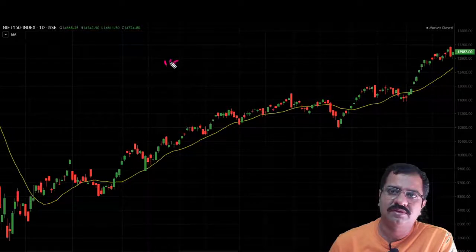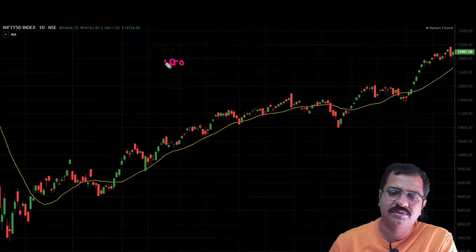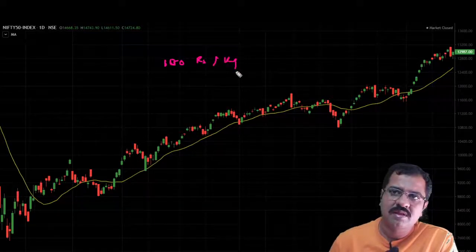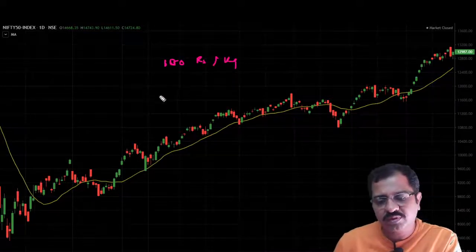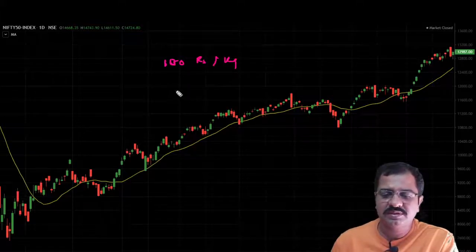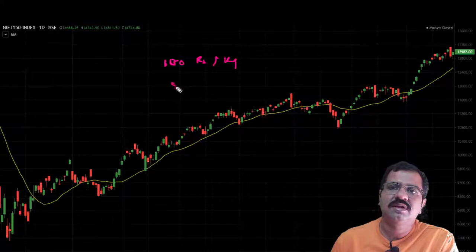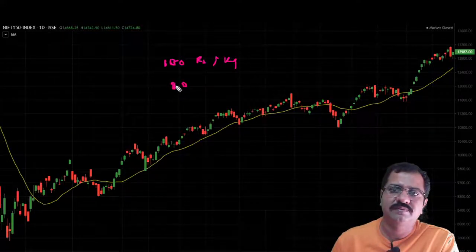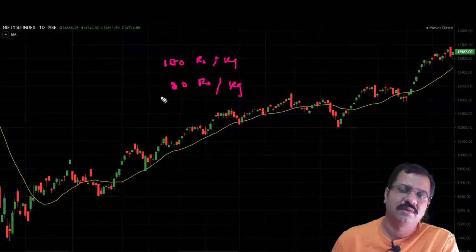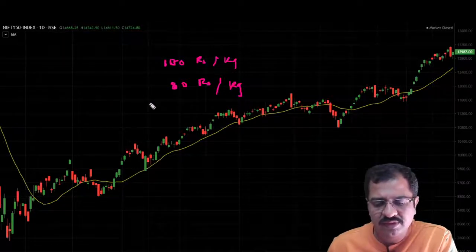So I'll just note down, it's 100 rupees, right? 100 rupees. And 5 kilometers from here, the rate of apples is 80 rupees per kg. Okay.